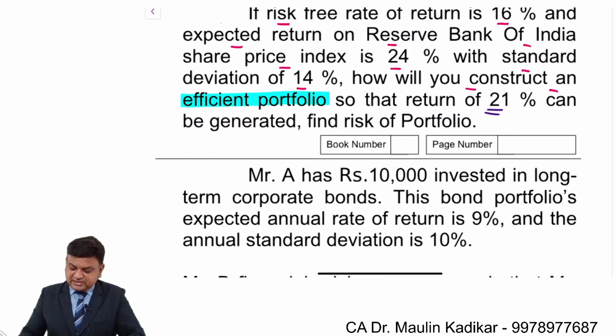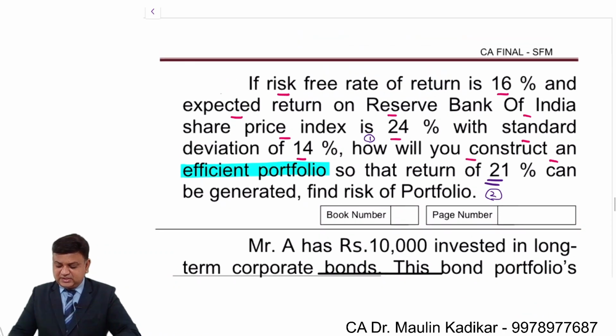So the first question is, how will you construct an efficient portfolio? And the second question is, find the risk of that portfolio. Whatever portfolio you suggest, the risk is required to be calculated. I request you to answer the question on your own and put your answer in the chat box.